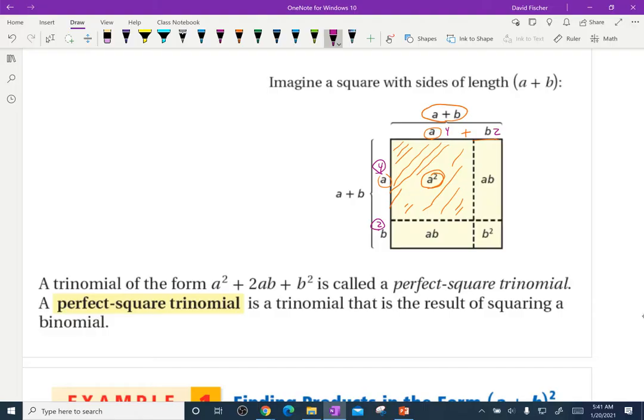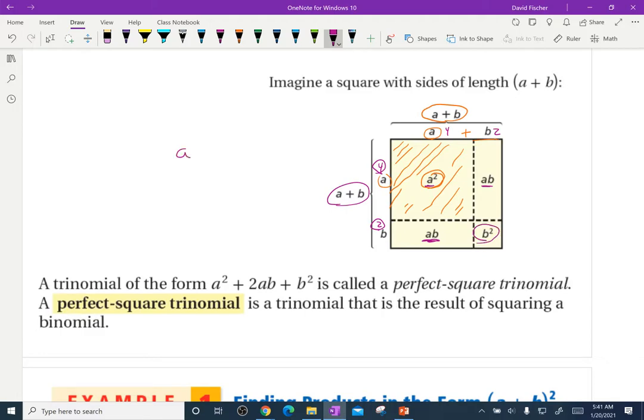And so what they said is we're going to start looking for some patterns here. When I add these two guys and multiply them, I see I got an a squared here, an ab over here, because a times b is ab. When I did b times a, I got another ab. And then when I did b times b, I got a b squared.